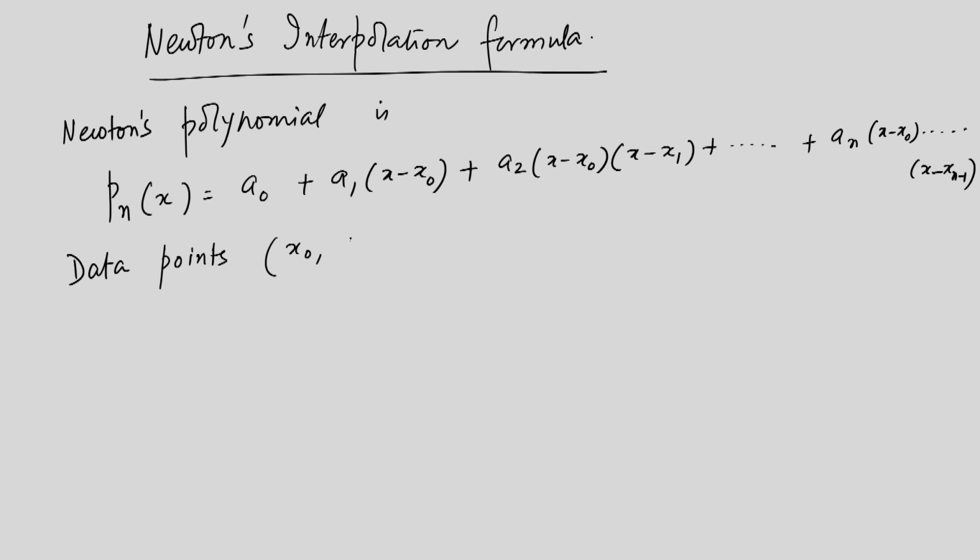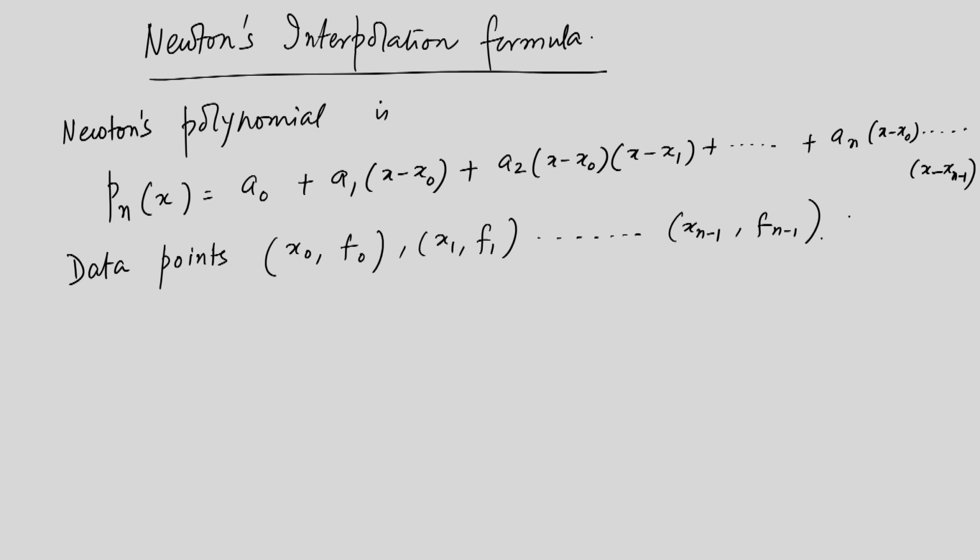x 0, f 0, we call it f 0, which is the value of the function at x equal to x 0, and then you have x 1, f 1, similar meaning goes, that is the value of the function at x equal to x 1 is called f 1, and similarly you have all the way up to x n minus 1, f n minus 1.